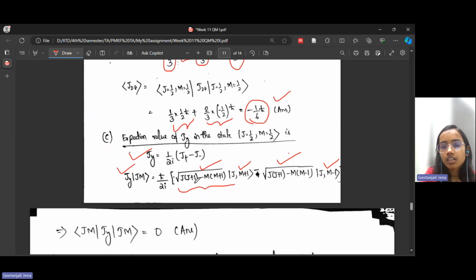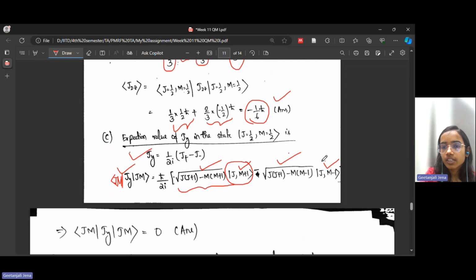Now if you take the inner product, the expectation value means you have to take the bra J here with Jy, right? So if you take the bra of JM, here we'll get the inner product of JM with JM plus 1, which is 0 because the M values are different.